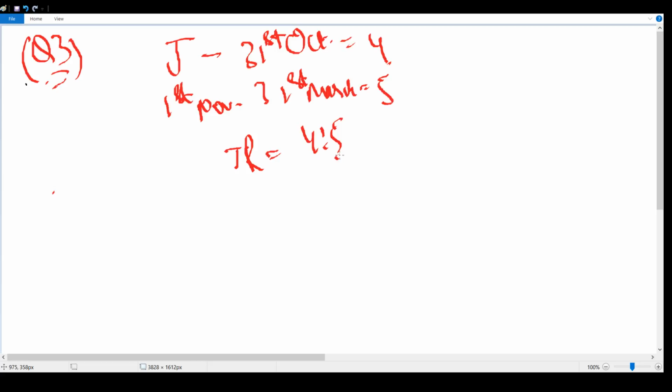So calculation of sales ratio we would do here. How would we calculate sales ratio?